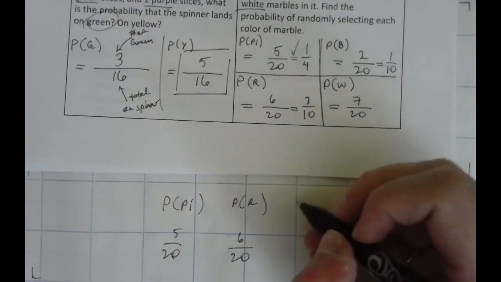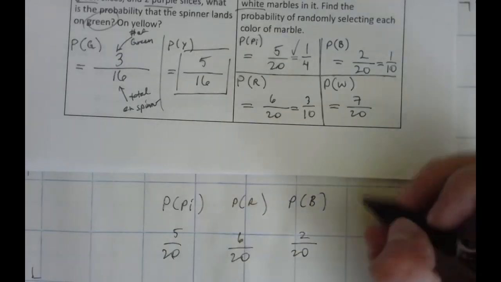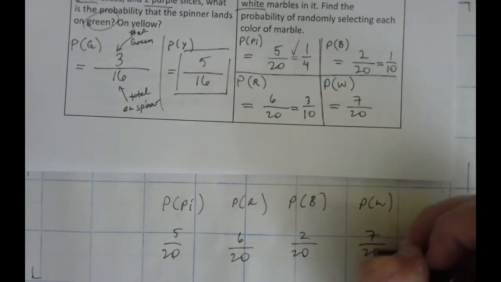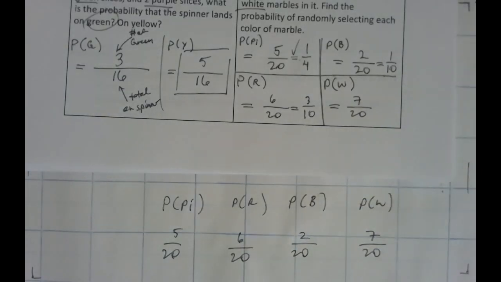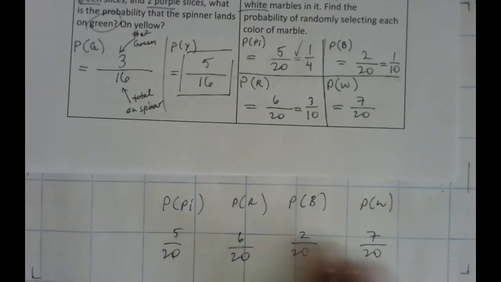And then we got probability of blue, which was 2/20ths, and probability of white, which is 7/20ths. Ladies and gentlemen, what do you notice about these numerators?